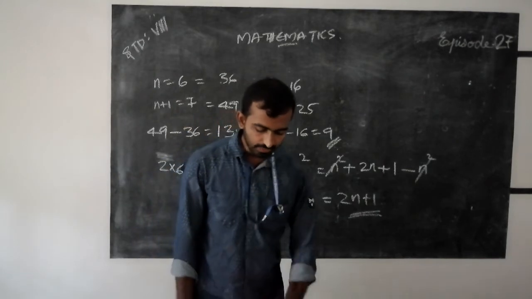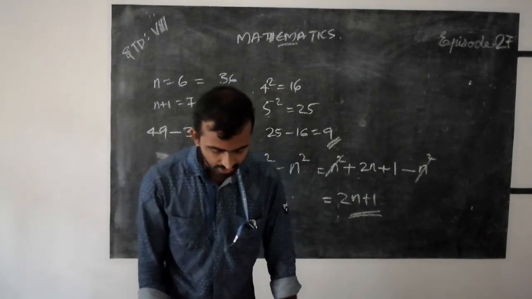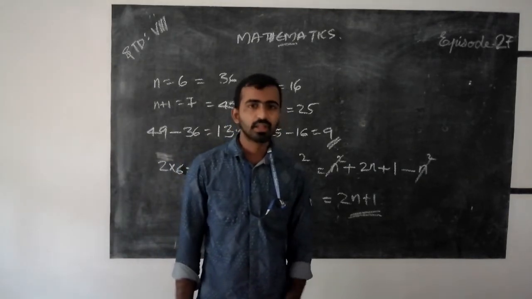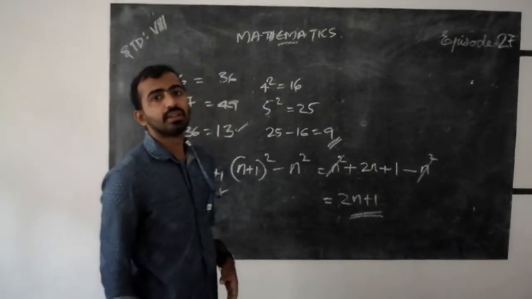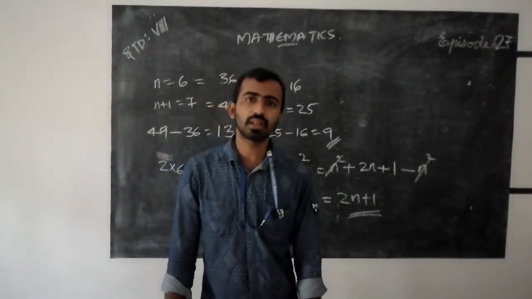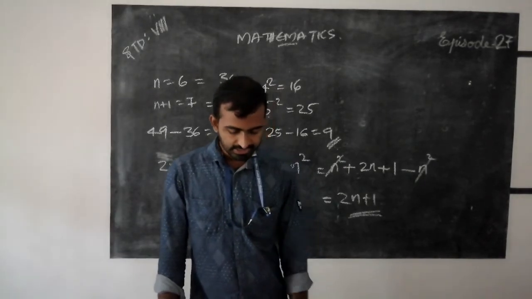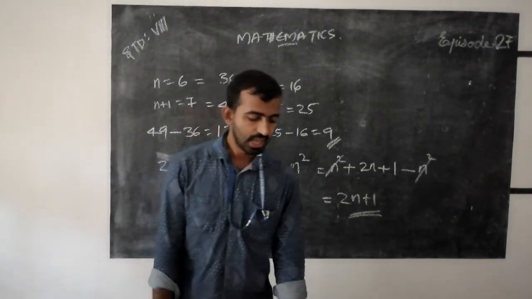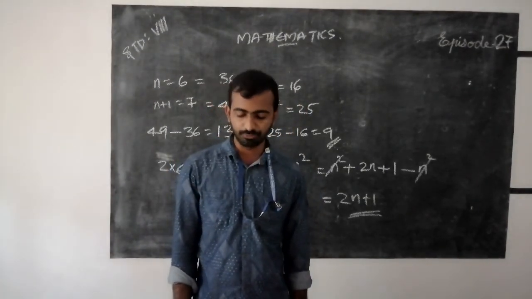And here we are discussing in general, we can say that there are 2n non-perfect square numbers between the square numbers n square and (n plus 1) square. Is it? Yes. Next we are going to discuss our primary page number 94.